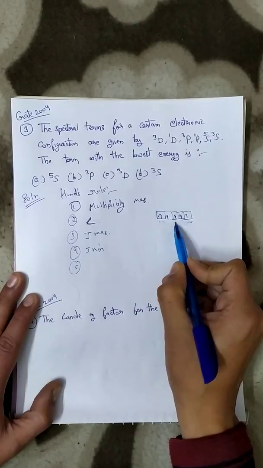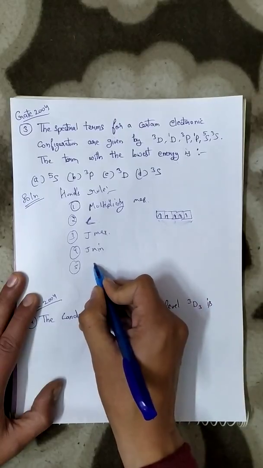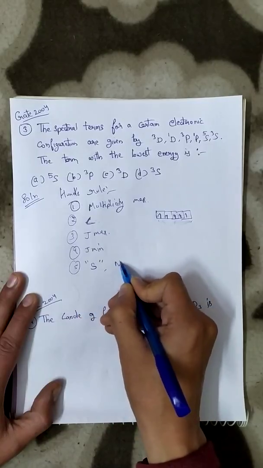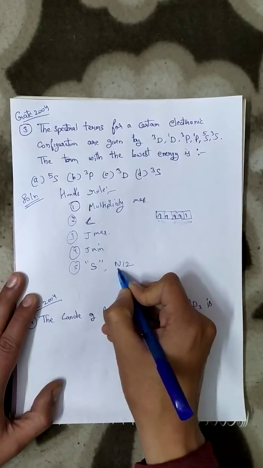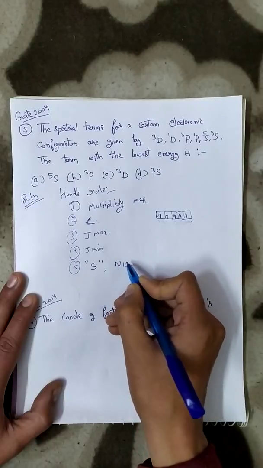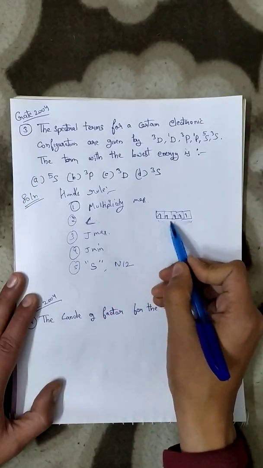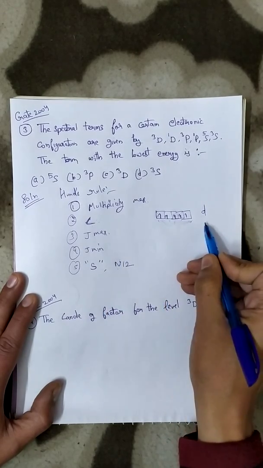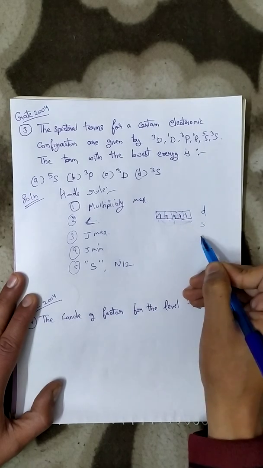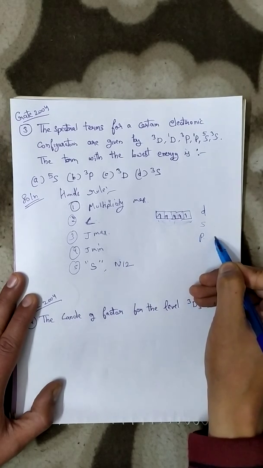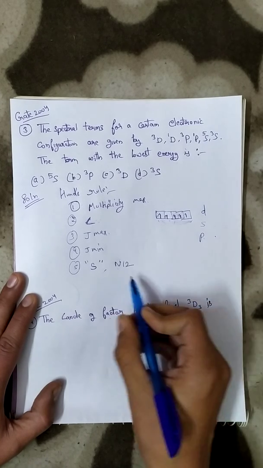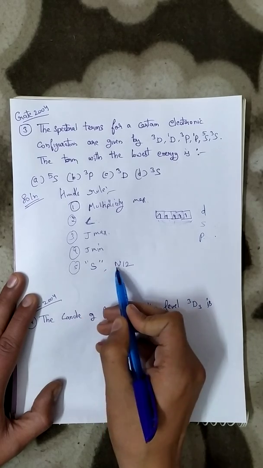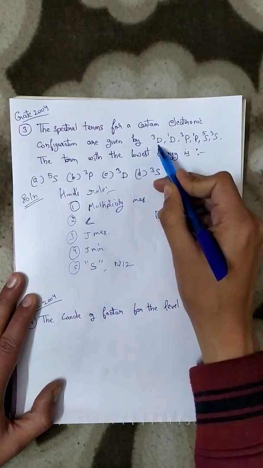In this case, you need to consider a term which should be an S term, and the spin should be n upon 2, where n is the maximum number of electrons that can fill the subshell completely. So for the D subshell, n is 10. For the S subshell, n is 2. For the P subshell, n is 6, right? So if any subshell is exactly half filled, then you need to take the S term with the spin n by 2.